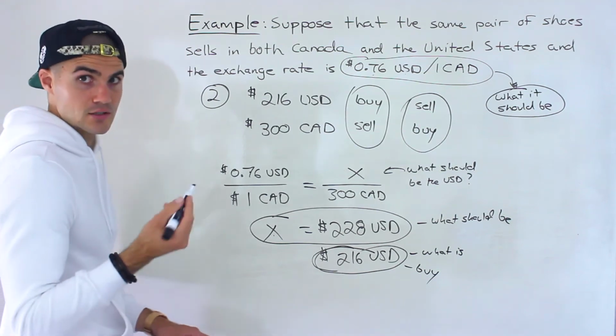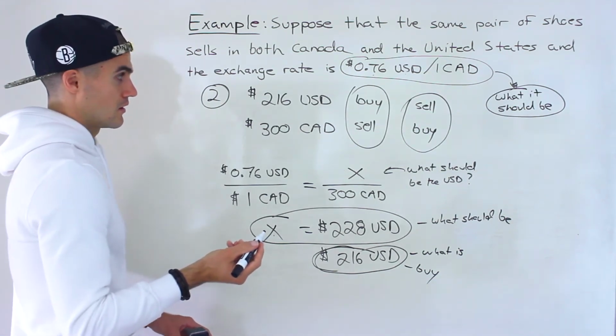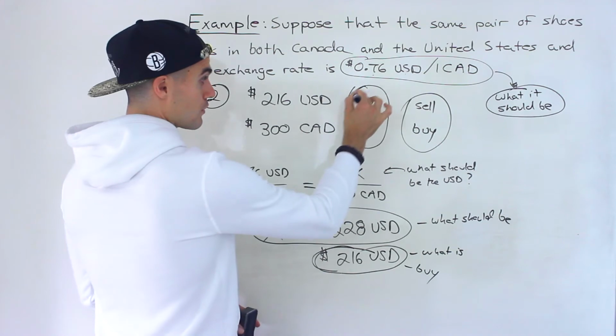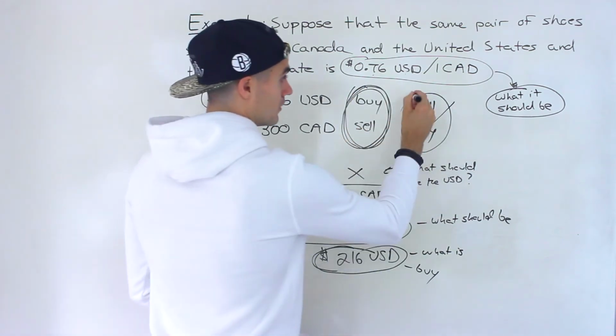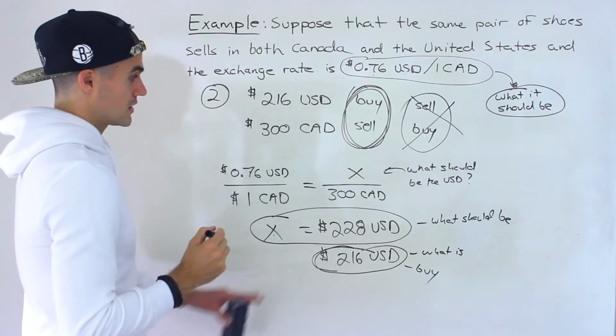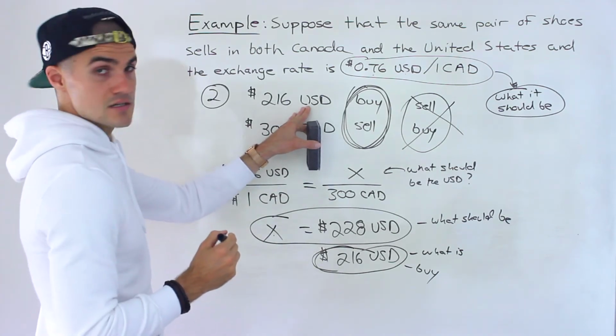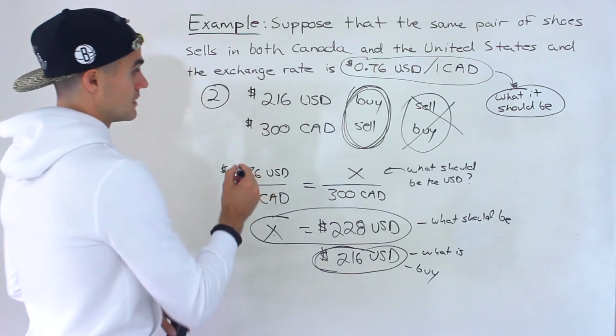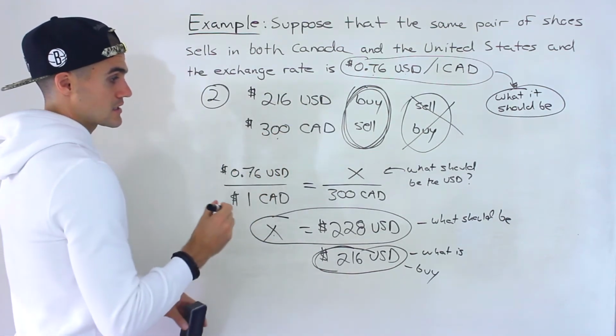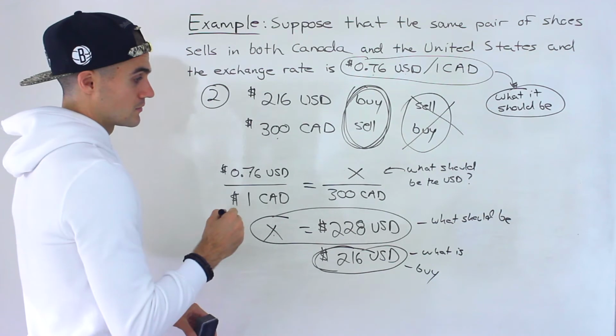Right? And so that's the conclusion. We're going to go with this strategy over here, not this one, because the USD is undervalued. So we want to buy this and then sell this. The Canadian dollar is overvalued.